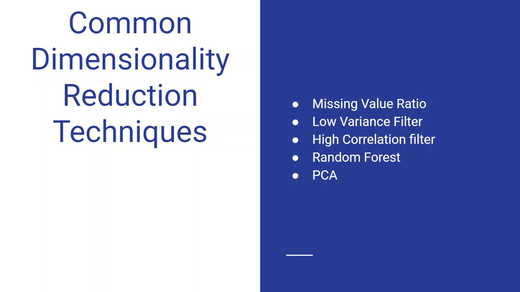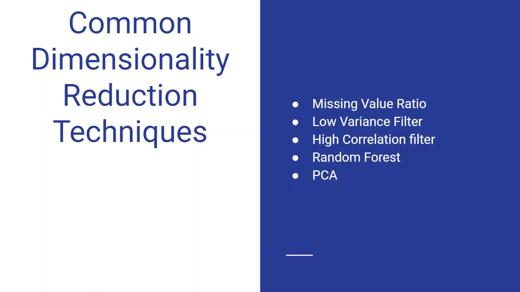And the last technique is principal component analysis. This is a widely used technique. PCA helps us extract a new set of variables from an existing large set of variables. There are several points I would like to go through. First, a principal component is a linear combination of the original variables.